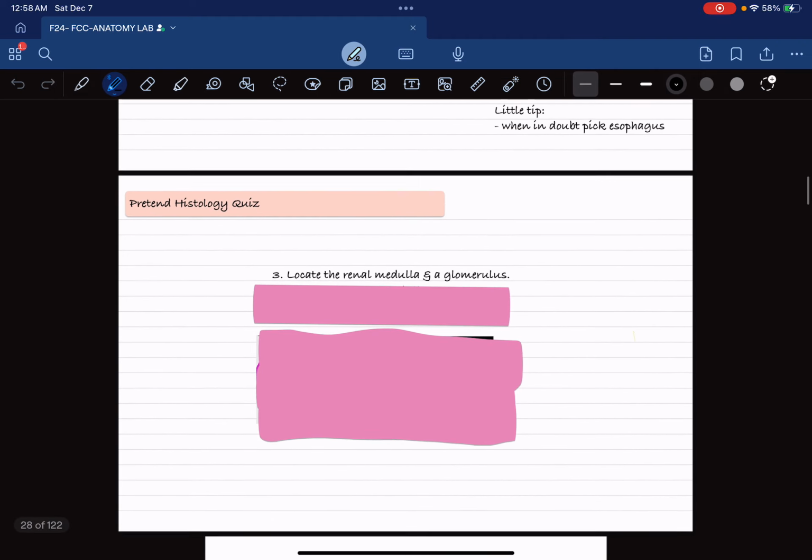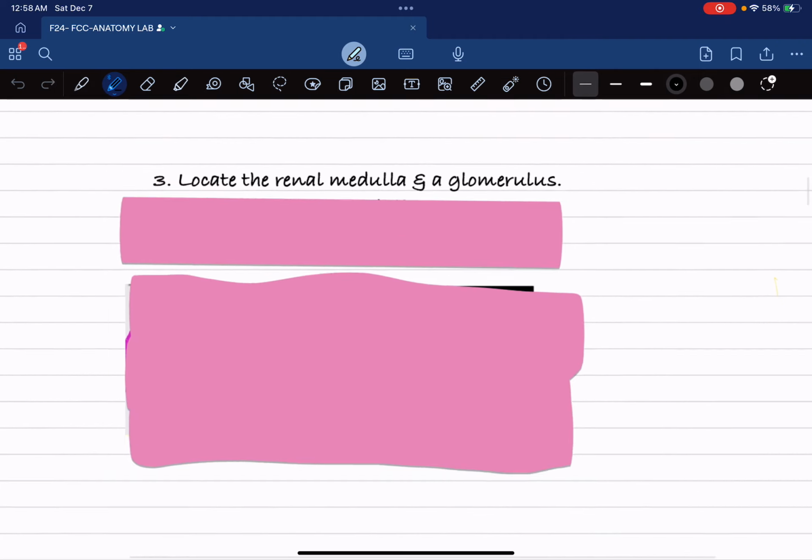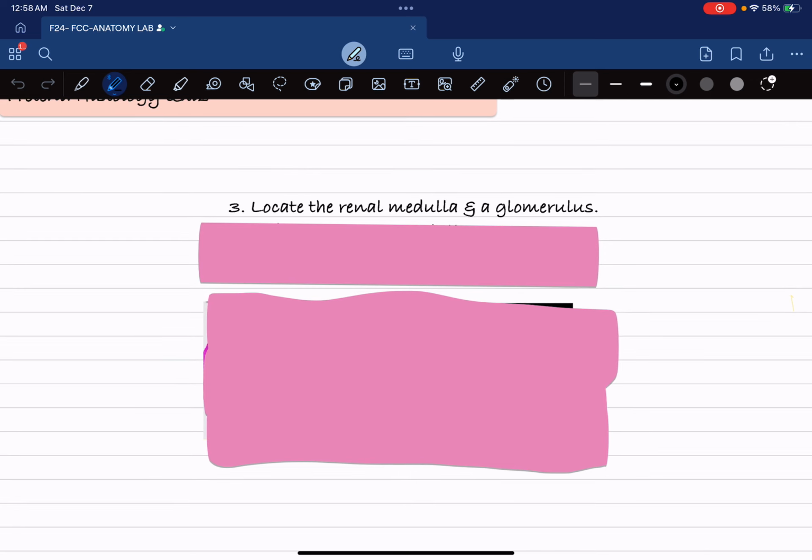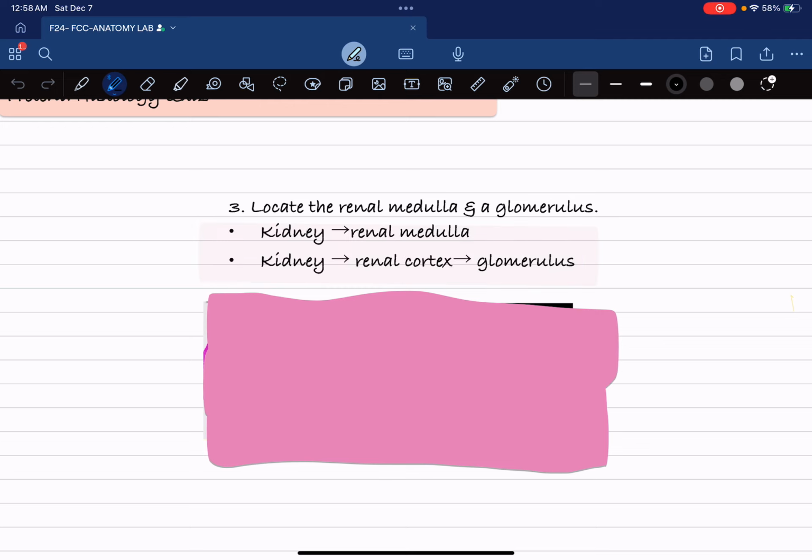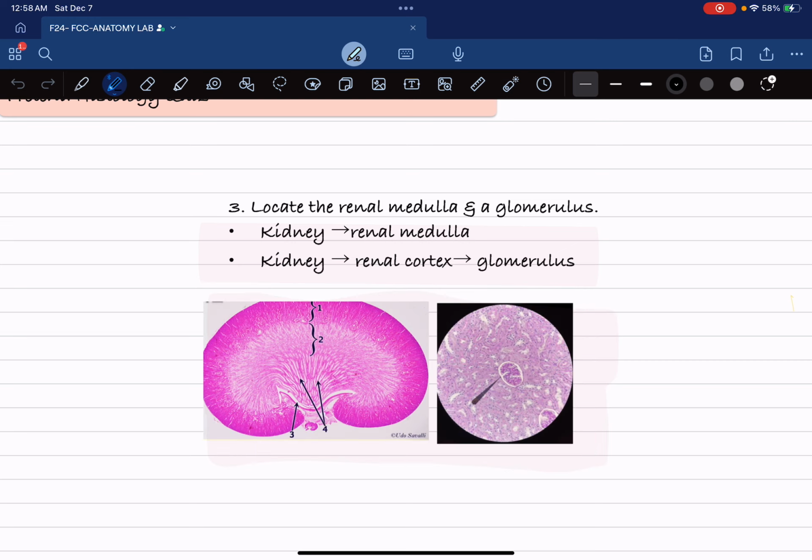All right, next is locate the renal medulla and a glomerulus. If you had chosen the kidney, you would be correct. You would have to locate the kidney renal medulla on the slide, but also knowing that the glomerulus is in the kidney.